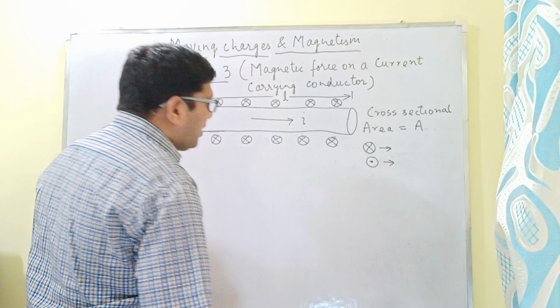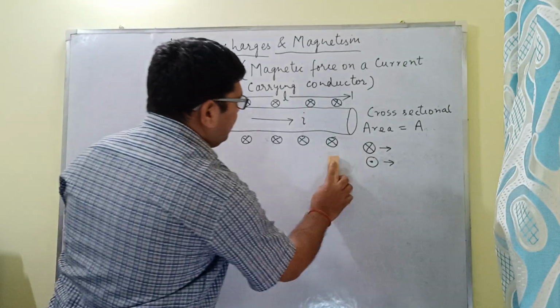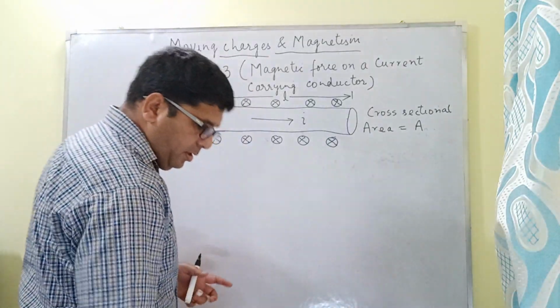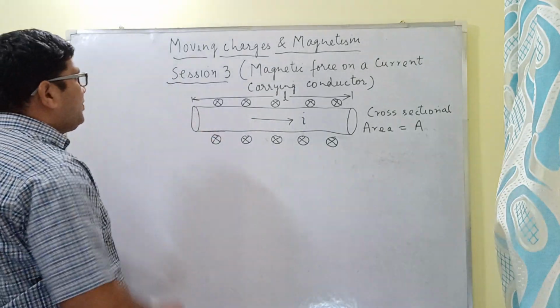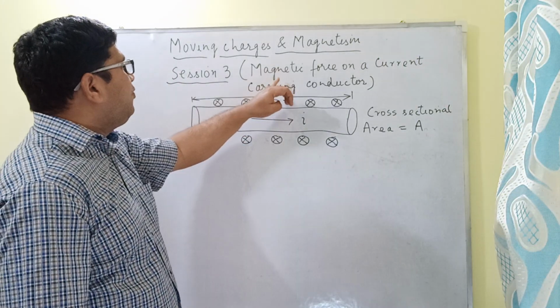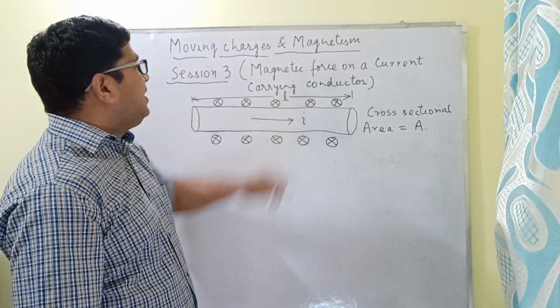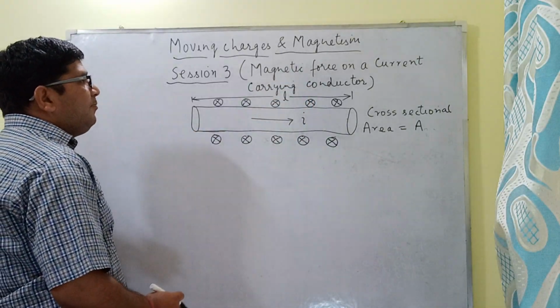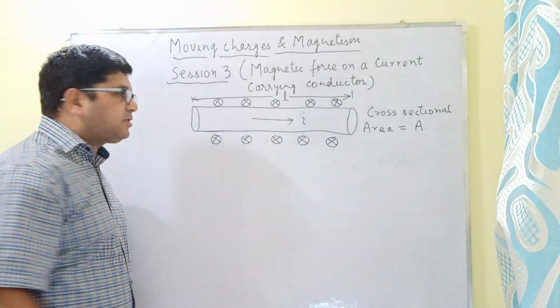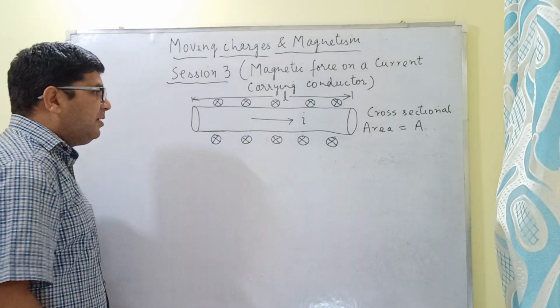So now in this session we will be deriving the equation for the total magnetic force which will be exerted on a current carrying conductor when it is placed in an external magnetic field.